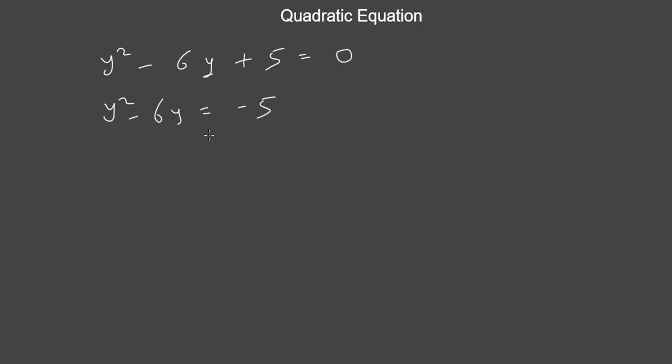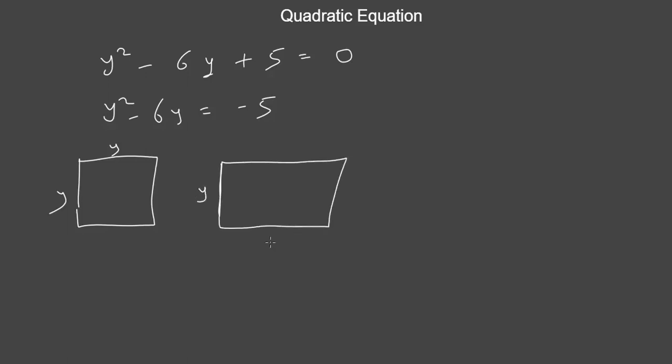So the next thing you want to do is to express this as boxes. So you want to say this is y and y. Then the next thing I want to do is to represent the 6 as, I want to represent this as y and this is 6, right? So the next thing I want to do is to divide this into 2. So that becomes something like y on this side, then 3 on this side, then we have y on this side and 3.